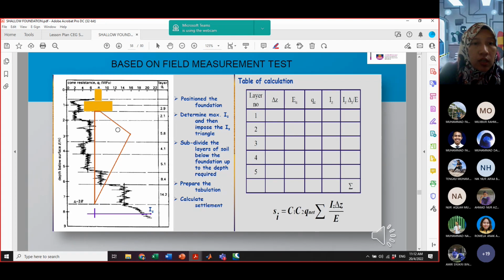Maknanya kalau you tengok sini, kita ada data daripada cone resistance, we want to estimate the settlement due to this footing. So apa yang kita kena buat adalah kita kena calculate lah what is the Iz, kemudian you kena dapatkan Eu, undrained modulus pada setiap layer yang you dah pecahkan tadi tu. Kemudian berapa nilai cone resistance qc, influence factor dia berapa, lepas tu you multiply, baru you boleh dapat total immediate settlement.